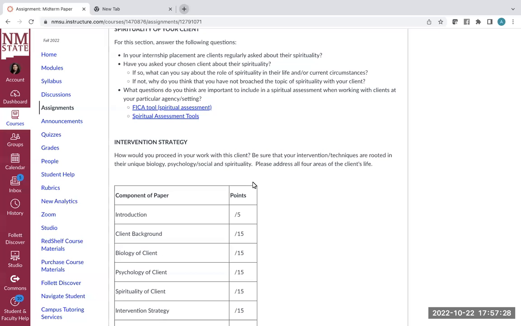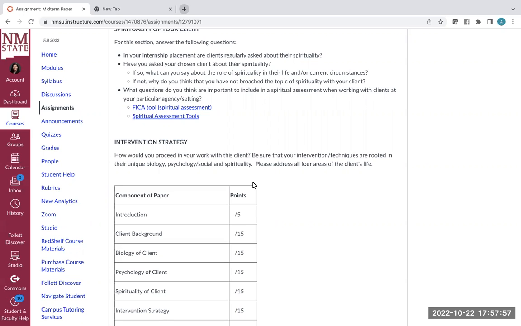So for example, with the biology, if your client is ill, you would help your client access resources so that they can obtain the best medical care possible, whether that be helping them access healthcare and ensuring that they have health insurance.